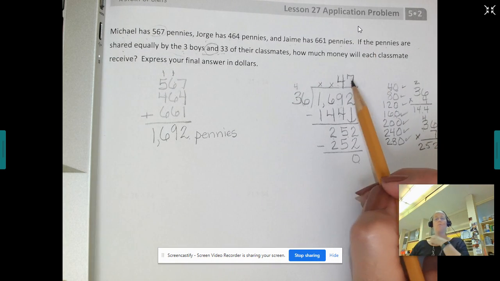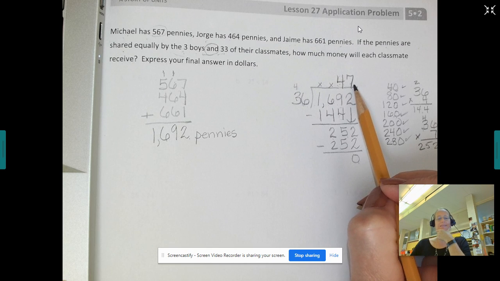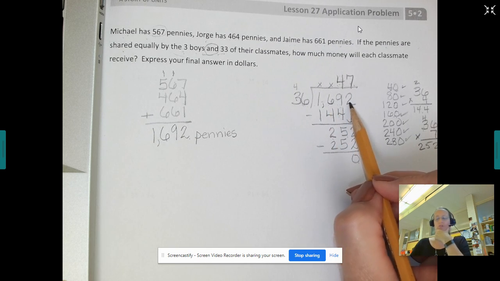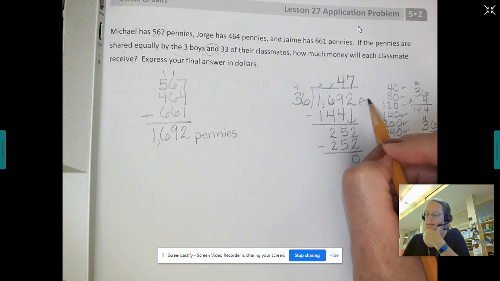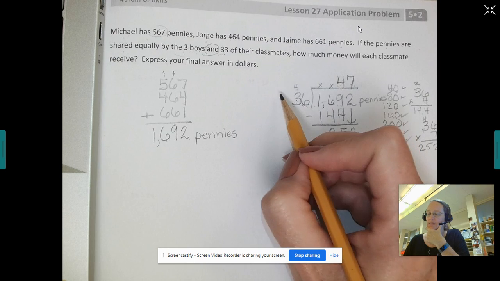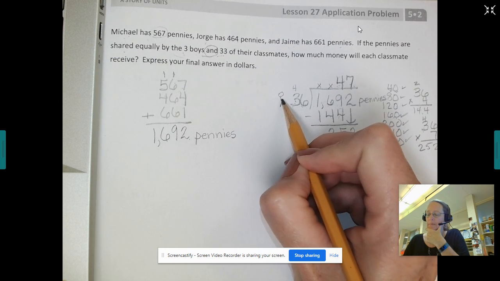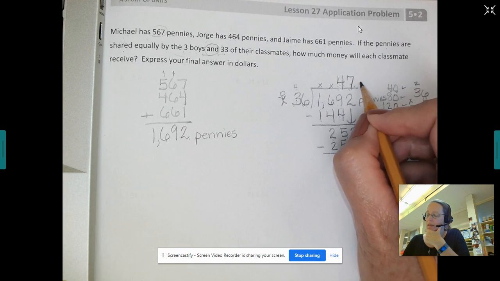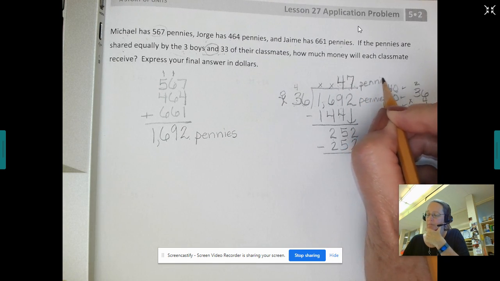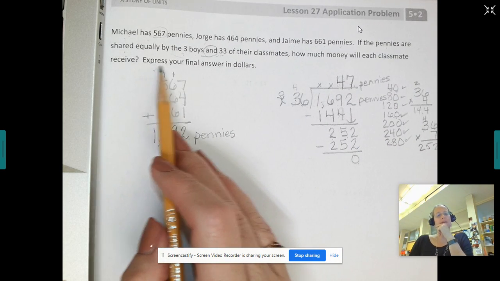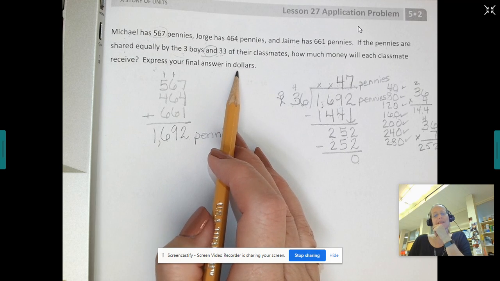So, what does 47 represent? 1,692 were pennies. Those were the total pennies that we had. They were shared between 36 people. So 47 would be the number of pennies that each person would get. It says to express your final answer in dollars.